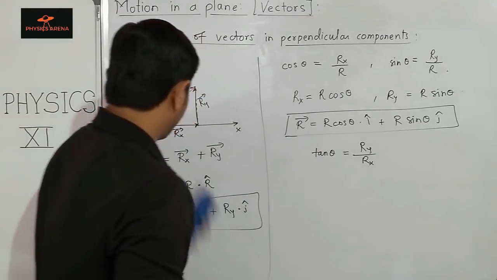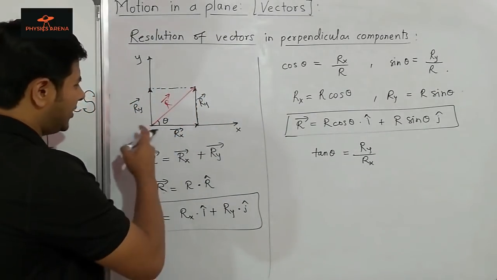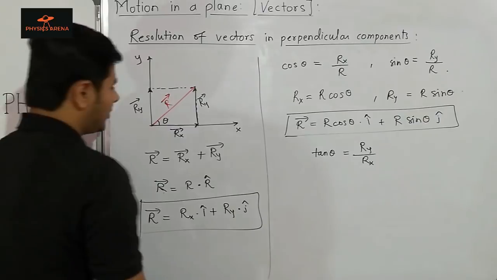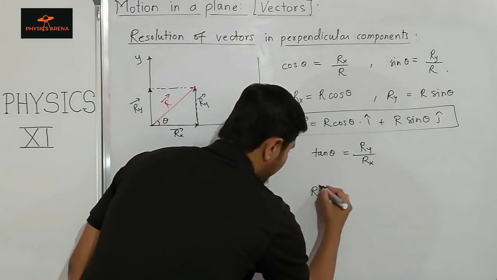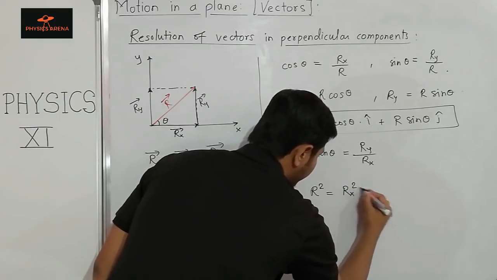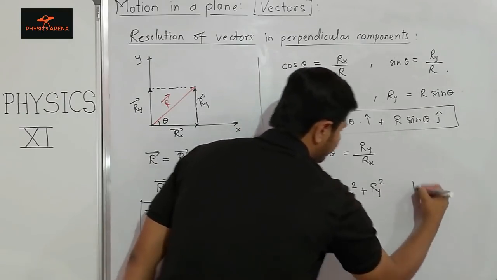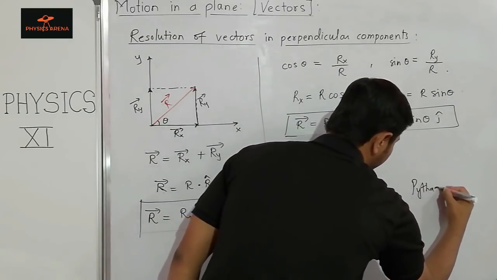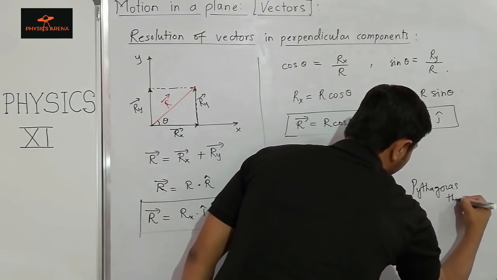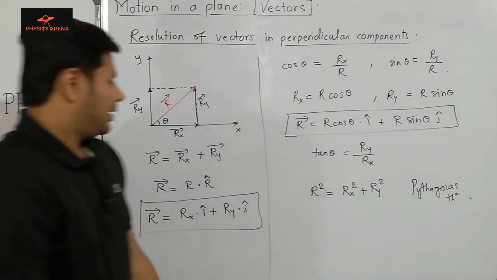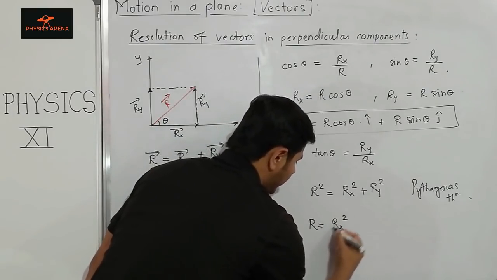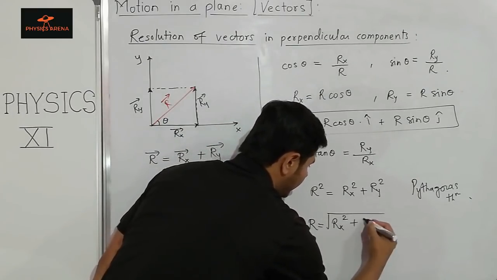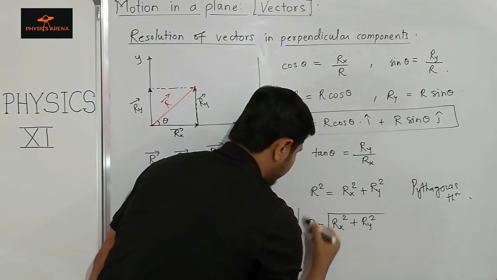Then what is the magnitude of r bar? It is very clear from Pythagoras theorem. I can say rx square plus ry square is r square. So r square is equal to rx square plus ry square by Pythagoras, and therefore r is equal to square root of rx square plus ry square.